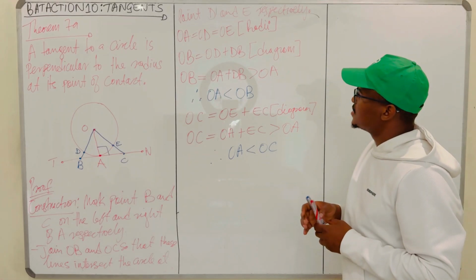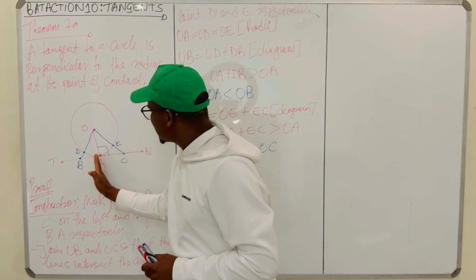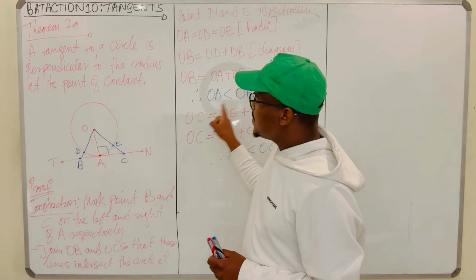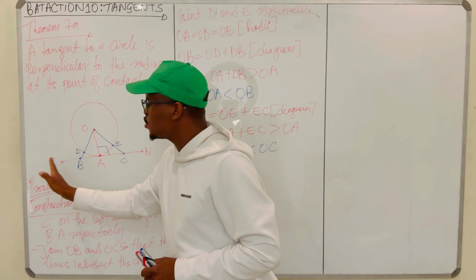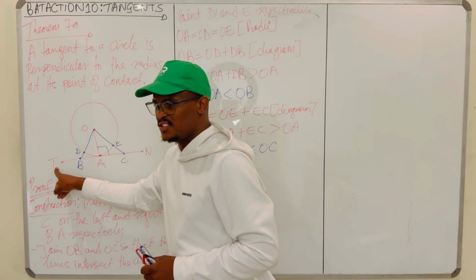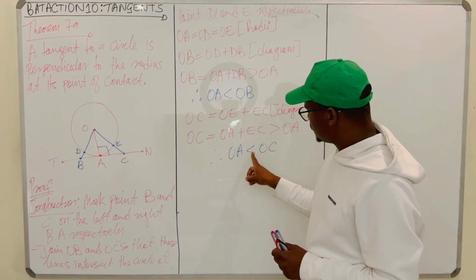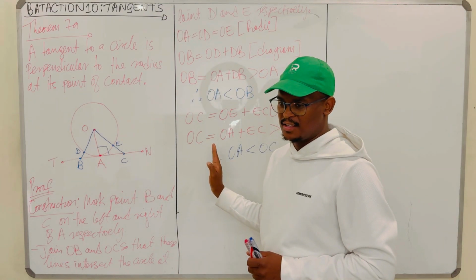What does this tell us? Your OA is less than OB. It means that this distance here is smaller than all the distances on the left hand side. And your OA is also smaller than all the distances that are on the right hand side.